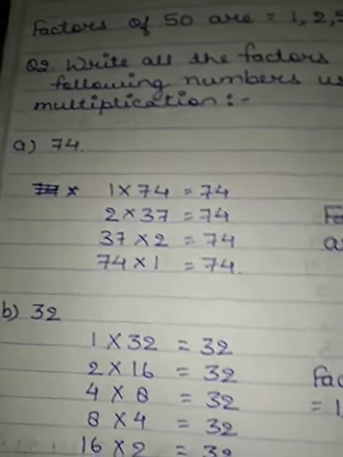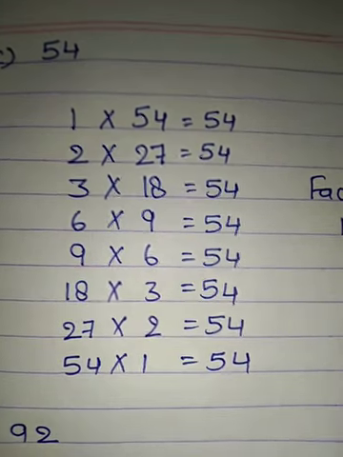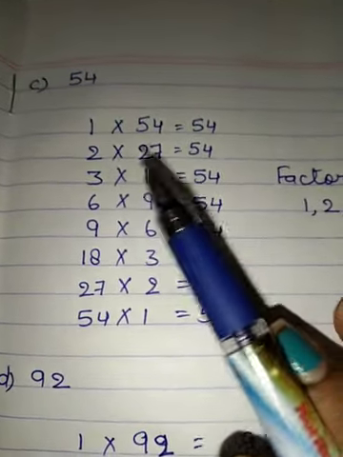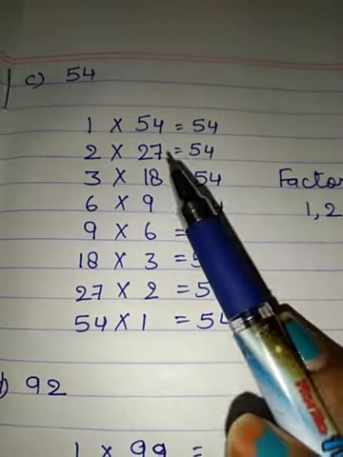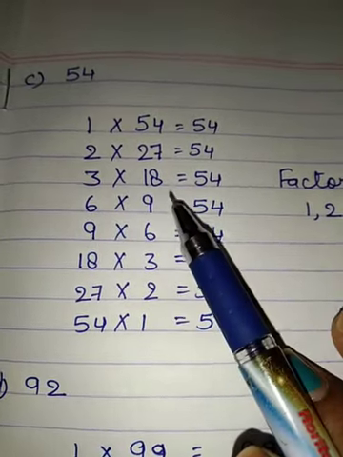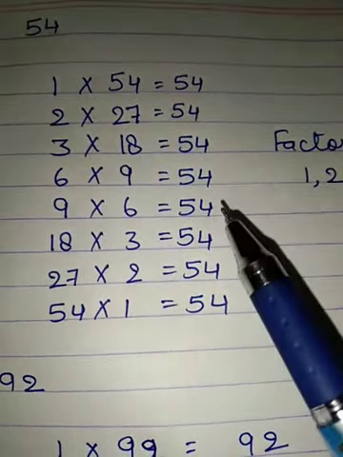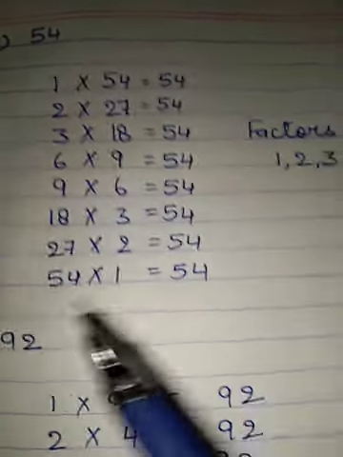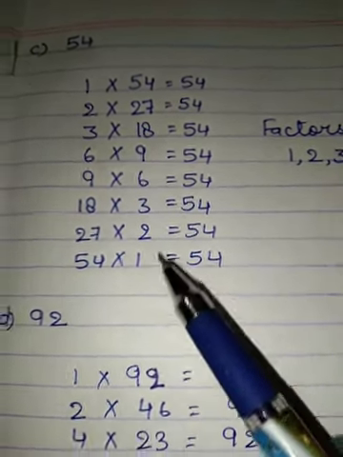Now let's see question number c. So question number c is 54. 54 comes in the table of 1. 1 54s are 54, 2 27s are 54, 3 18s are 54, 6 9s are 54, 9 6s are 54, 18 3s are 54, 27 2s are 54 and 54 1s are 54.